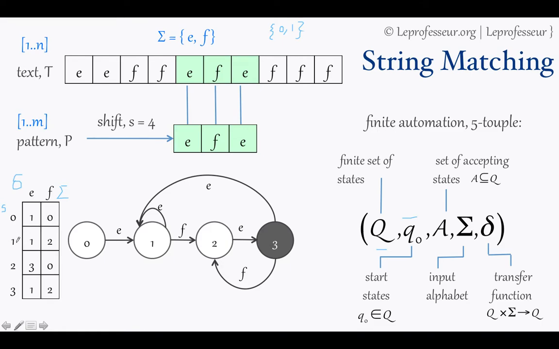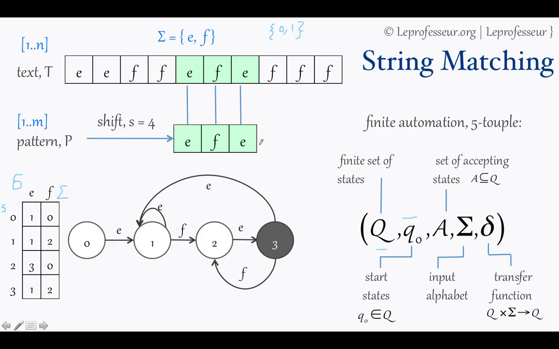Second, if we are in state 1 and input E comes, we stay in that same state, and if we are in state 1 and F comes, we move on to the second state, and so on. In the same way, if we are in state 2 and input E comes, we go to state 3, and if F comes, we go back to the default state.